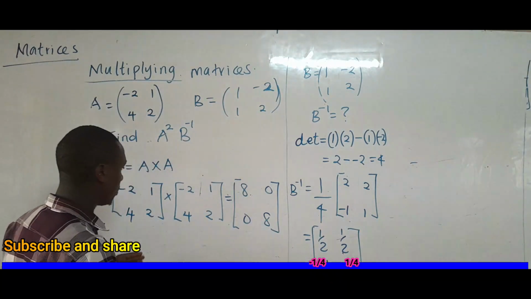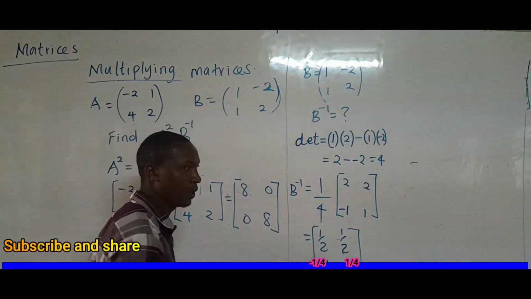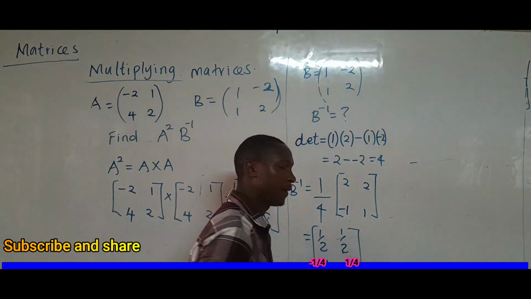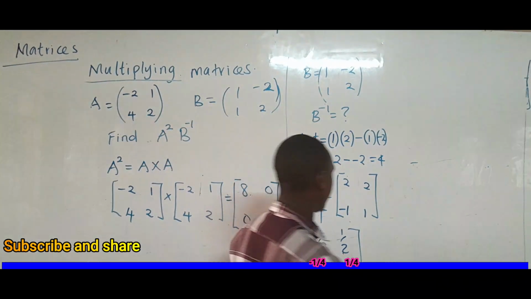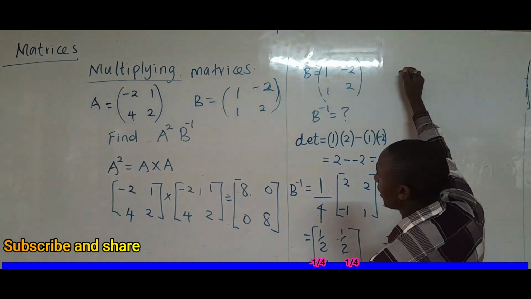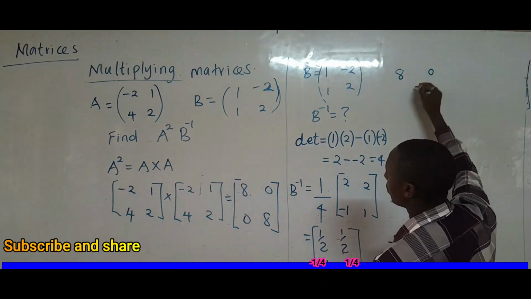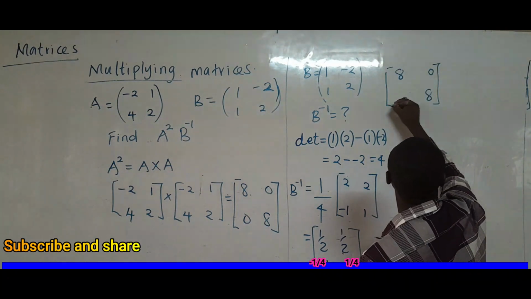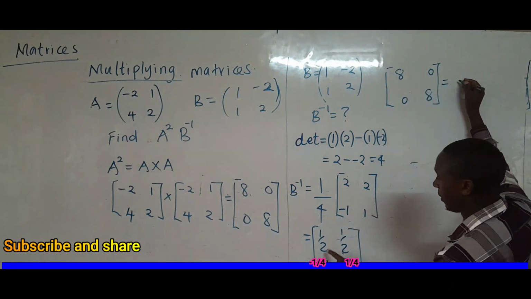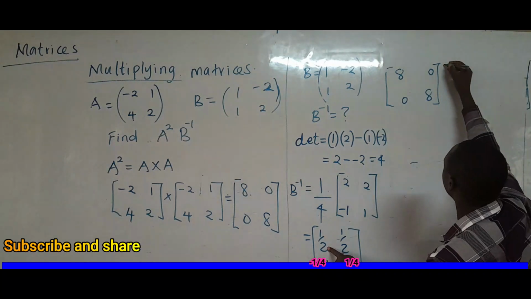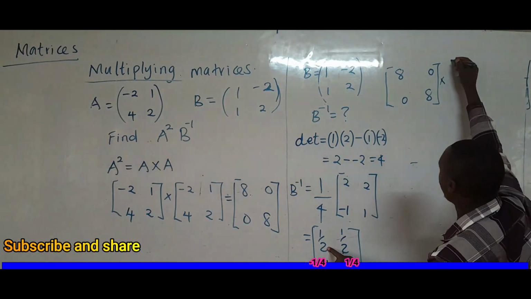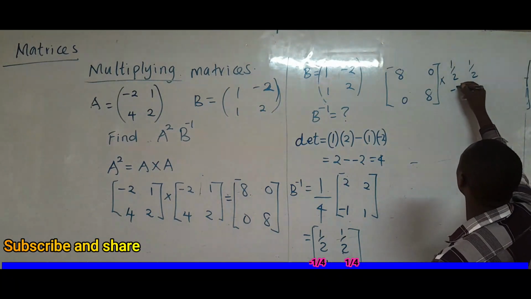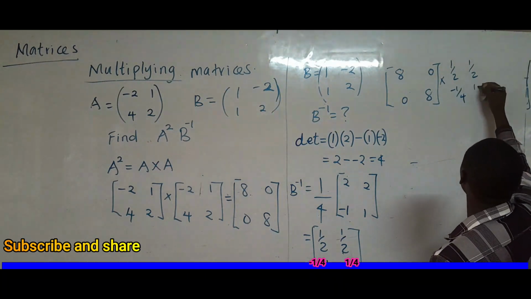So finally, we were supposed to solve for A squared multiplied by B inverse. So we're going to take this solution that we got for A squared, and we multiply that by our B inverse. Let's do that very fast. So we're going to have [8, 0; 0, 8], and we multiply that by our inverse, which is [1/2, -1/4; 1/2, 1/4].